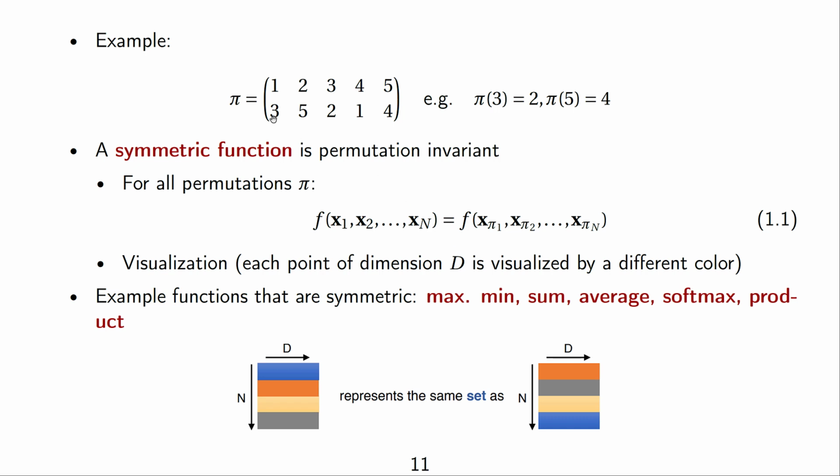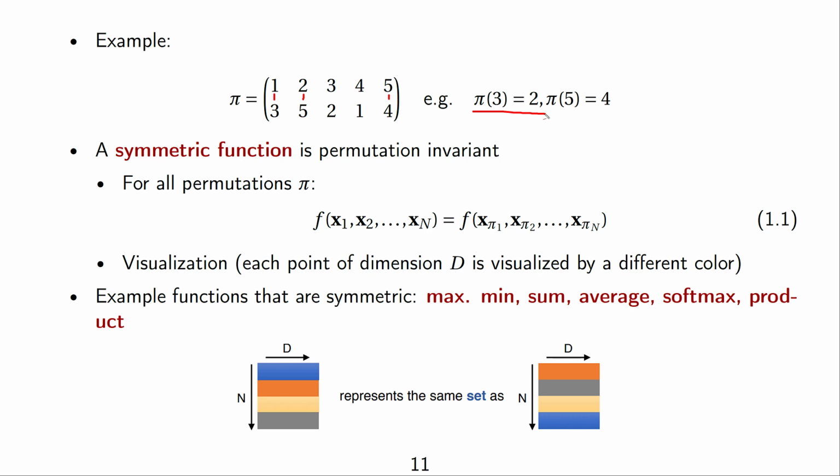The first row of this matrix are the indices simply in sequence 1, 2, 3, 4, 5, and the second row shows what the index on top of it maps to. For example, 1 maps to 3, 2 maps to 5, and 5 maps to 4. So we would write pi of 3 equals 2, or pi of 5 equals 4.